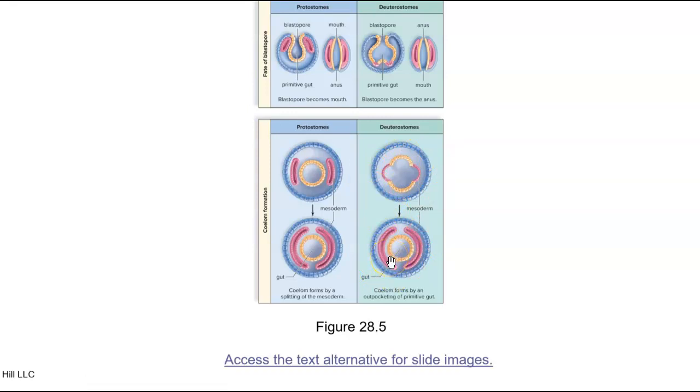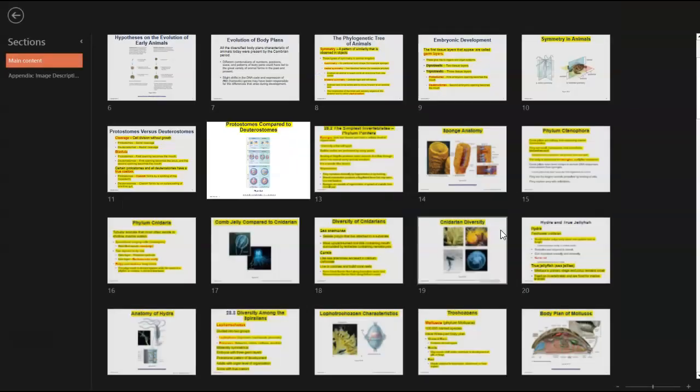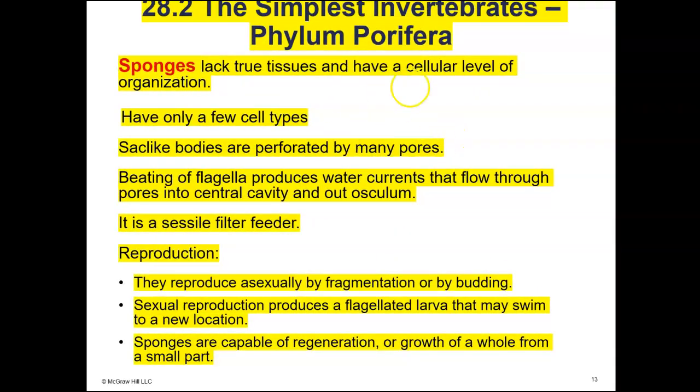So the coelom is forming by an outpocketing of the primitive gut. Anyway, those are differences between protostomes and deuterostomes. For us, you just need to know if it's a protostome or a deuterostome. And the most important difference is that in protostomes, the mouth develops first. In deuterostomes, the anus develops first.